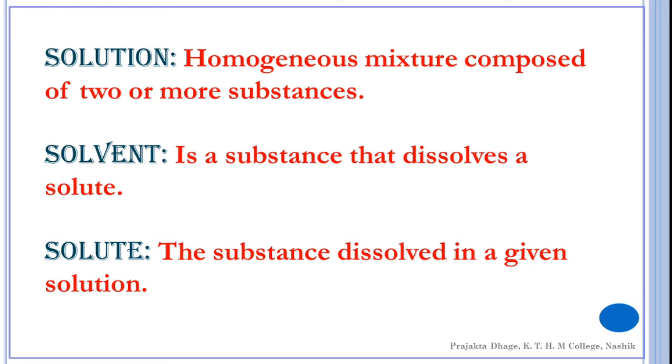Now this lemon juice is going to contain the lemon extract, then the salt, then the sugar. So lemon juice is a mixture of two or more substances. There are more substances involved here. For understanding purposes, we are only going to talk about the sugar solution here. So a solution is a mixture of components, which is sugar plus water.